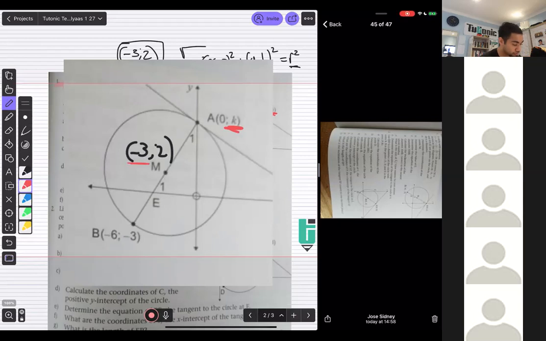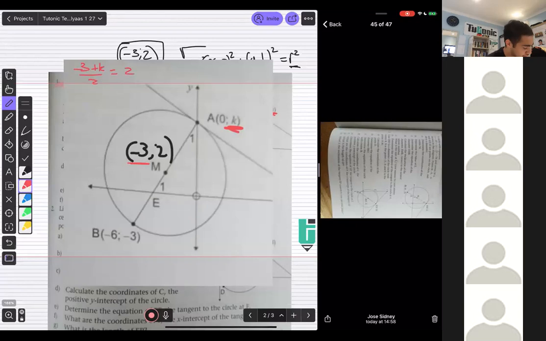So -3 plus k equals 4. So therefore, k equals... sorry, I'm talking nonsense here. -3 plus k over 2 equals 2.